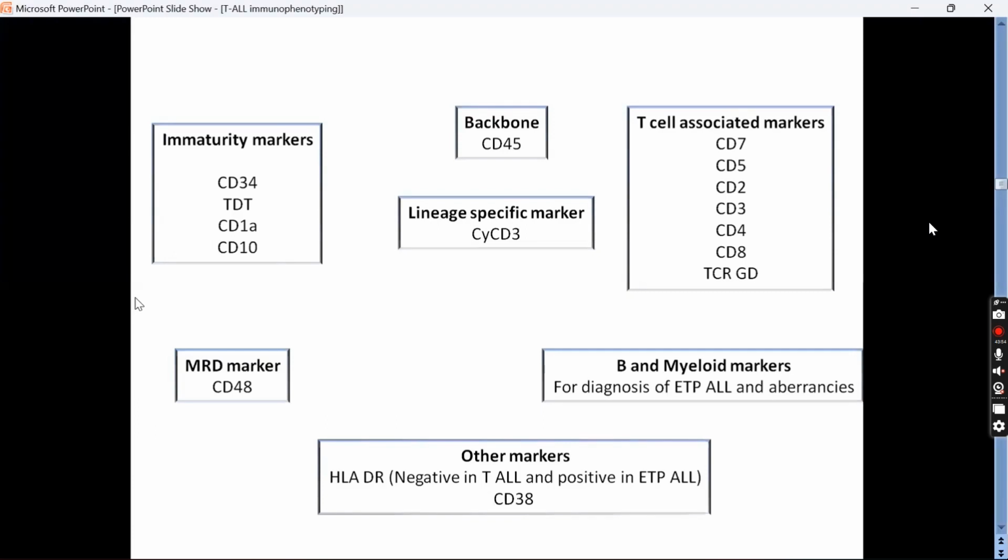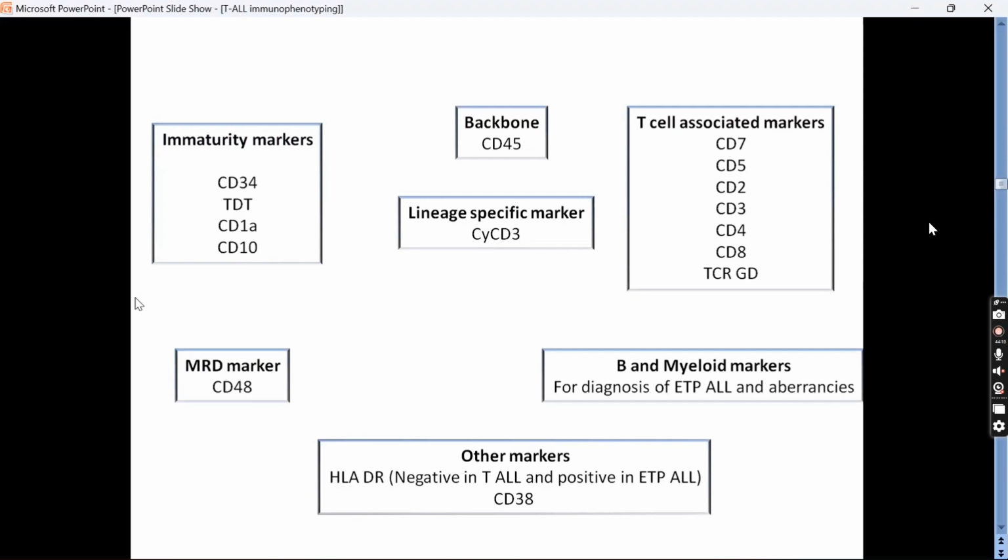Sir, then CD2, is it a must marker? Is CD2 a necessary marker? No, I would say no. If you have it, good. It's not mandatory. Sometimes it may give you a small help to confirm it's T. If you ask me, sir, I don't have space, should I mandatorily include CD2?